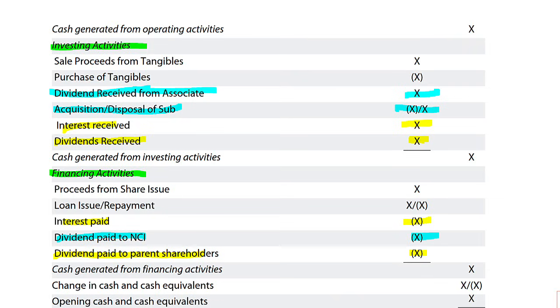And then the blue points, which we'll talk about in later lectures, are that in group cash flows, we'll have some extra flows, buying subsidiaries, receiving money from associates, and paying money to the NCI or minority owners of subsidiaries.